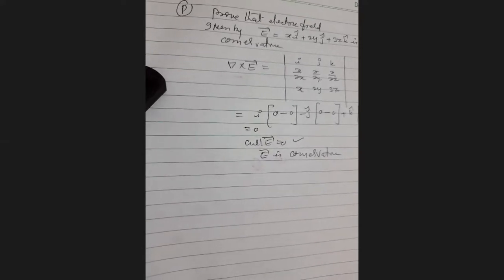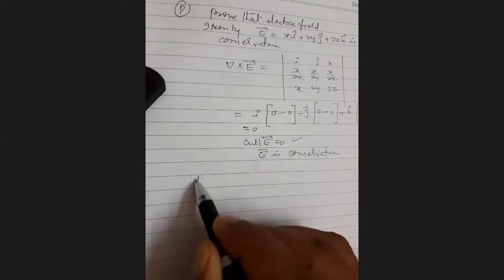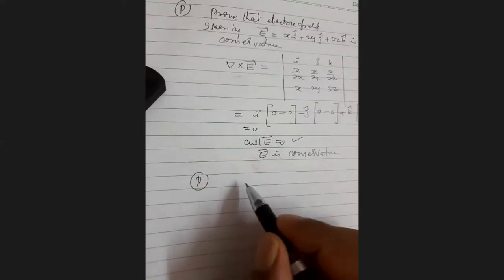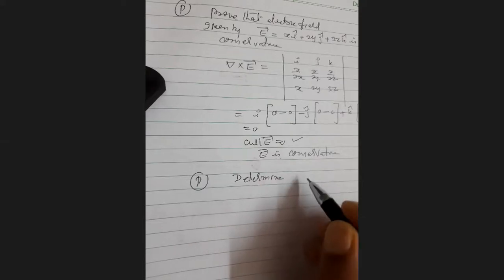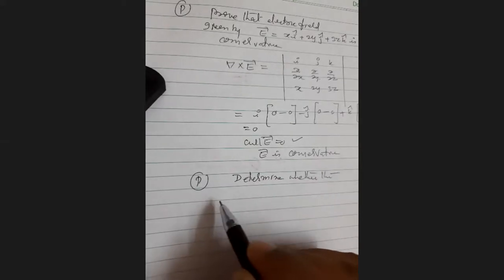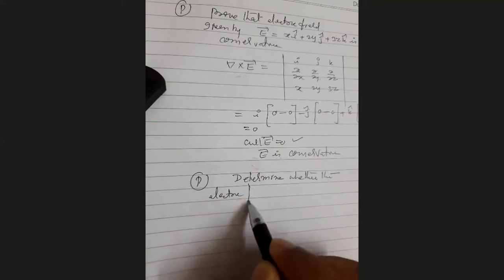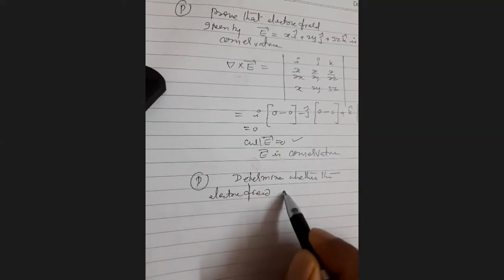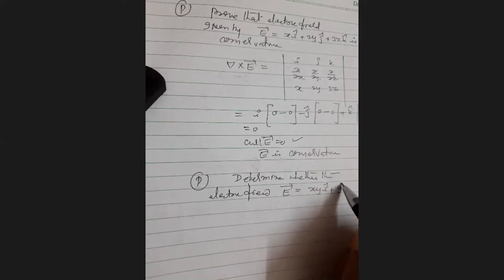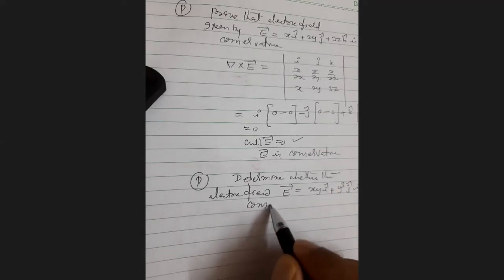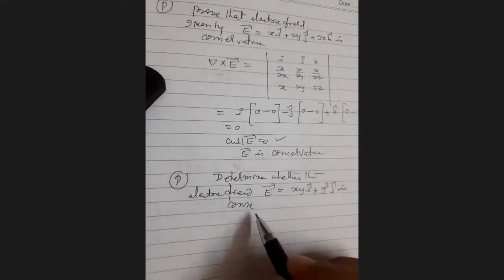Right. Now, you look at the next problem. I am reading: determine whether the electric field capital E bar equals xy i cap plus y cubed j cap is conservative or not.